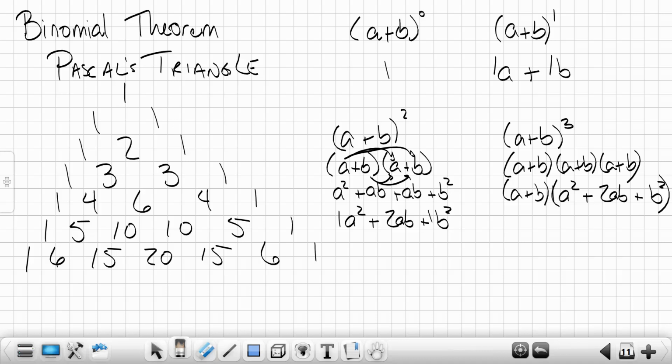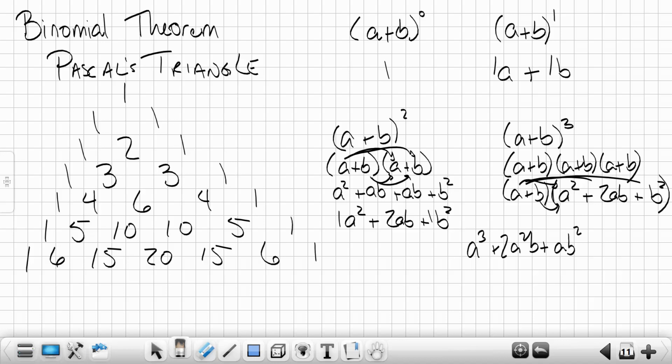So now we distribute all over the place. Florian, what are we distributing first? A. So we distribute that A. We're going to get A cubed plus 2A squared B plus AB squared.